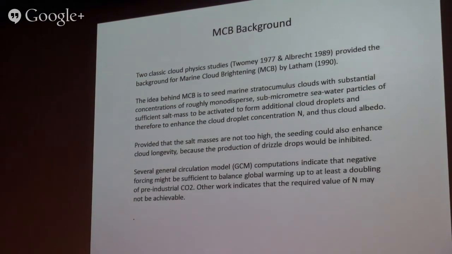To catalyze the drops, to seed them, we're proposing to use sea salt. So the idea is to take ocean water, filter it into a microscopic spray, essentially a fog, and release that and catalyze formation to increase the reflectivity of existing clouds.